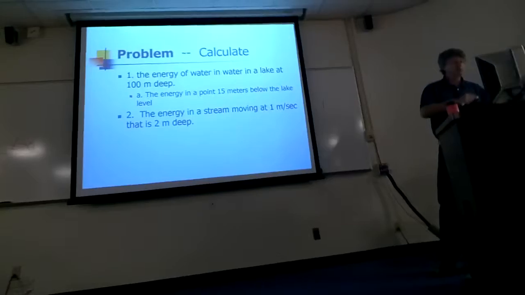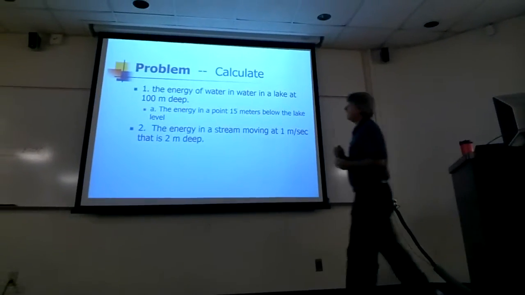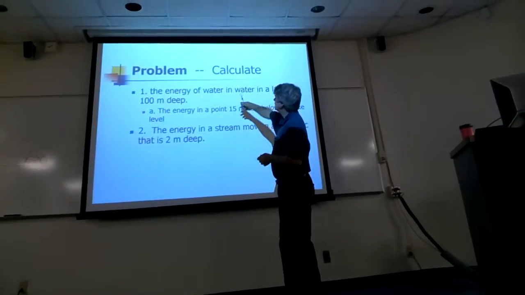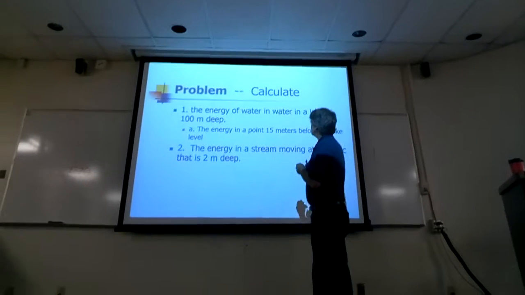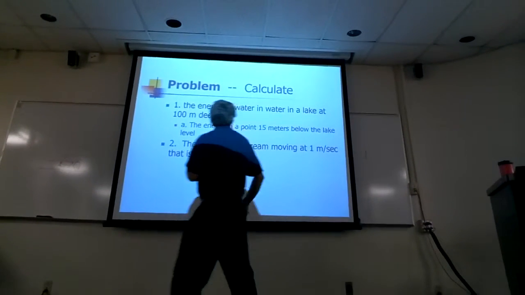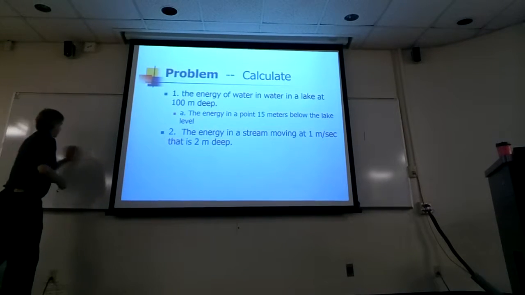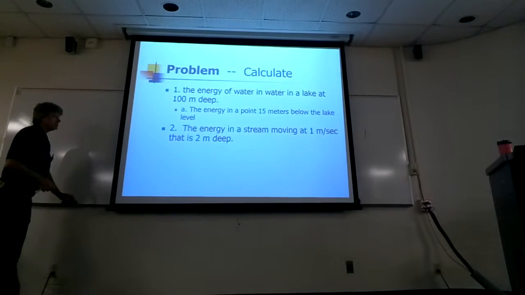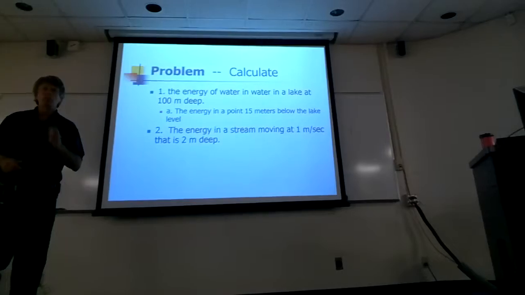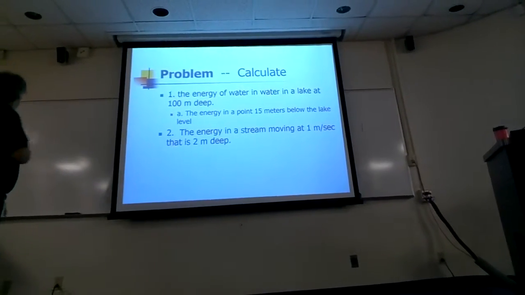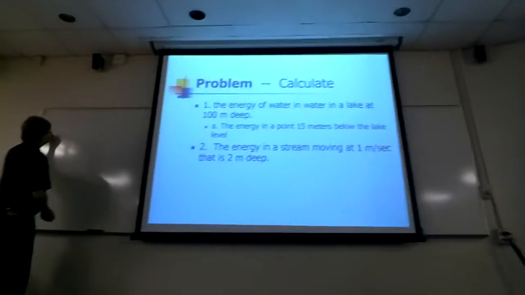Break out your calculators. All right, so calculate the total energy of water in a lake that's 100 meters deep. I'll work through this one with you. First let's do the Bernoulli equation.